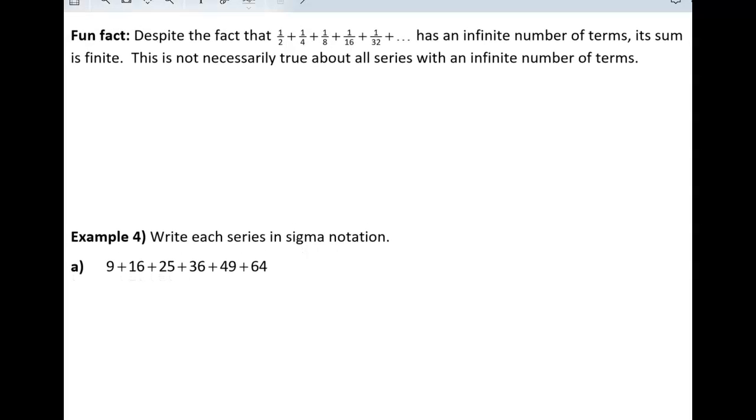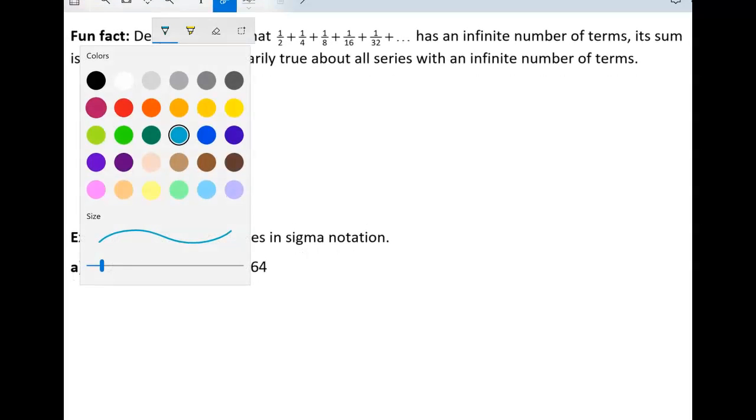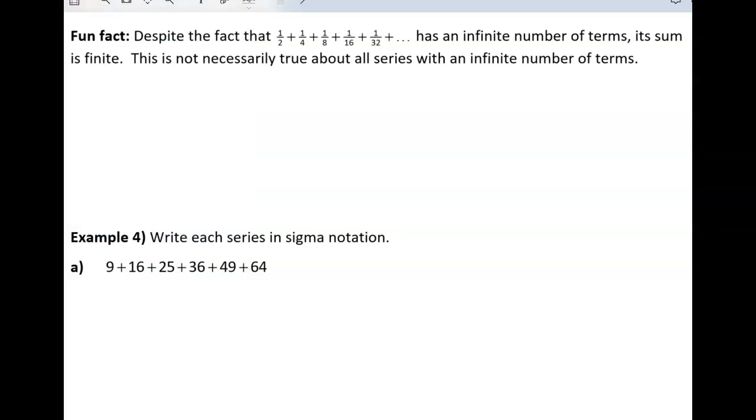Quick fun fact, even though that particular series has an infinite number of terms, its sum is finite. That is to say, its sum is not infinity, even though you're adding terms indefinitely. And that's because of the size of the terms. So to illustrate this, I'm going to draw a square, and we're going to shade some fractions here. Let's assume that this square represents 1 unit.